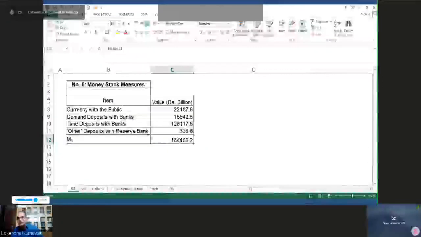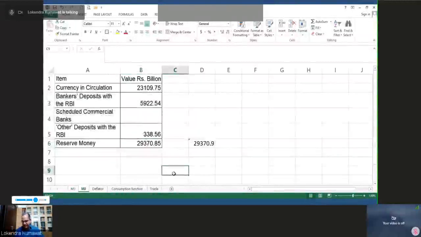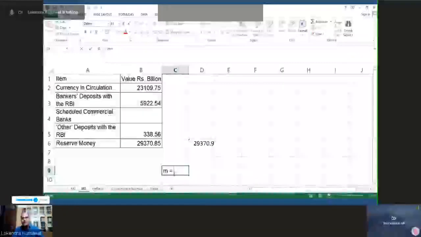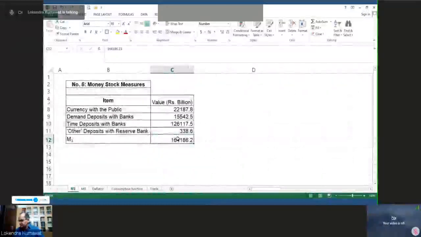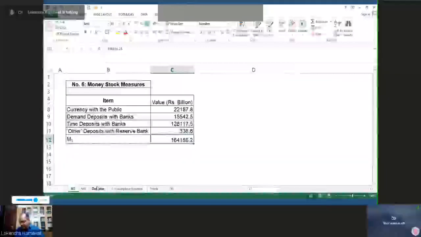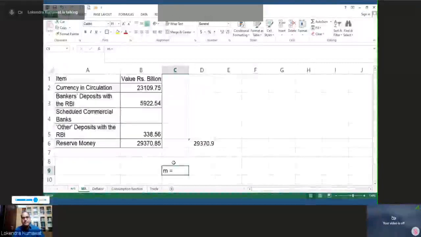And in fact, with the help of this, you can calculate the value of money multiplier. Money multiplier M is equal to M3, which is equal to this, divided by, let me copy this here.